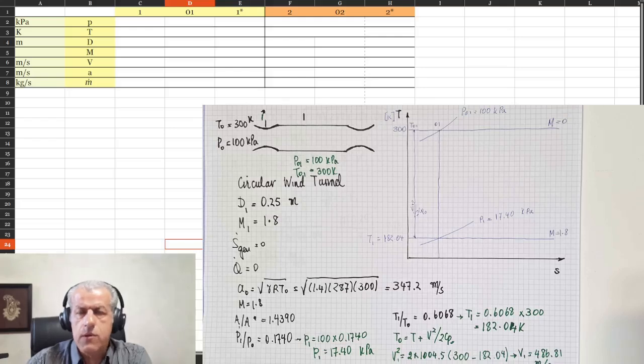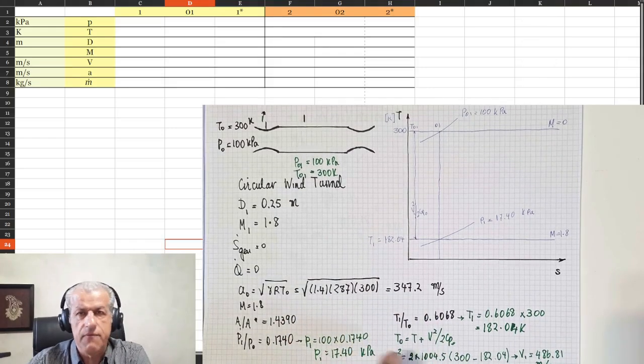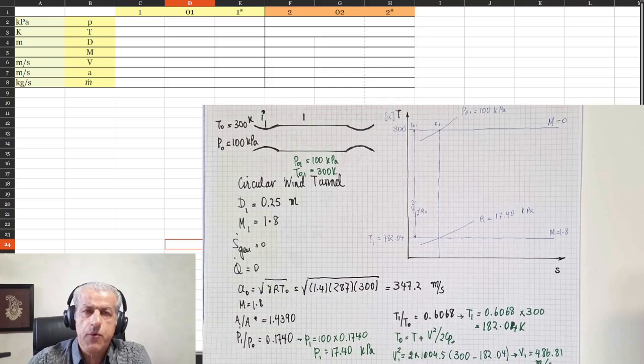It's also a good idea to put all these various numbers in a table, so we have a consistent way of presenting the different data that we have calculated in different equations. At point 01, which was our stagnation conditions, we knew pressure and temperature.